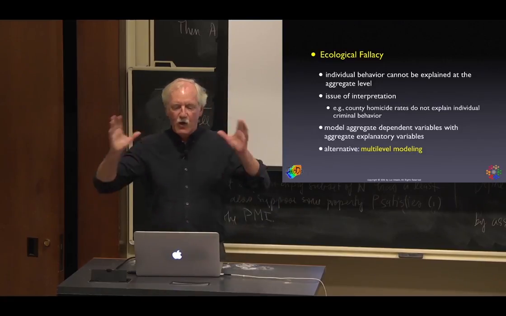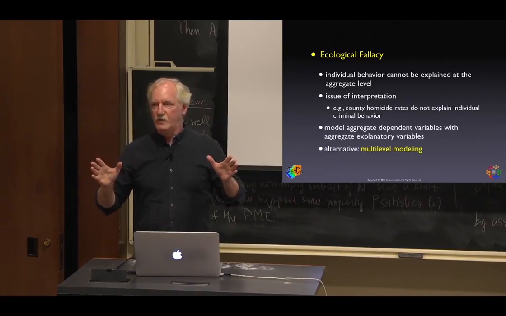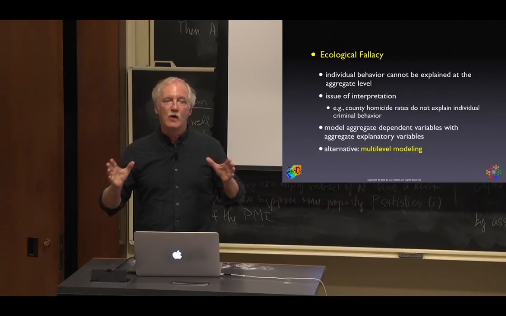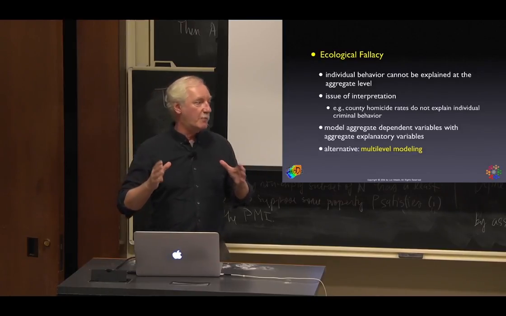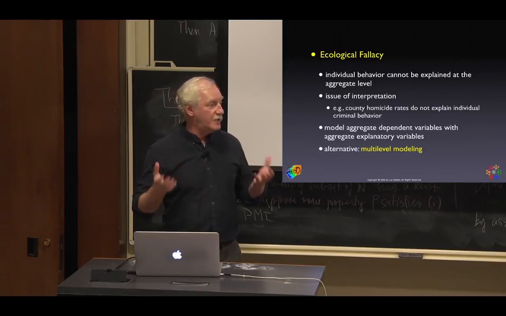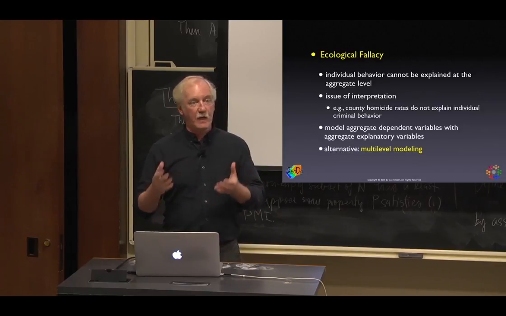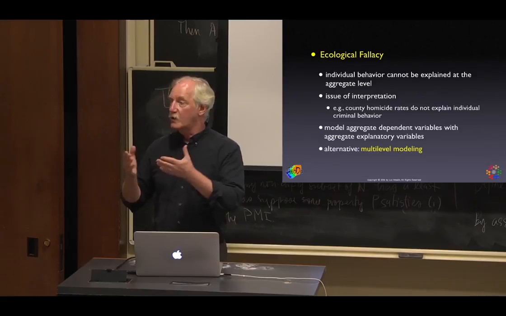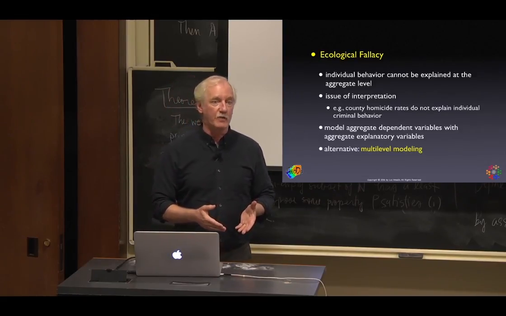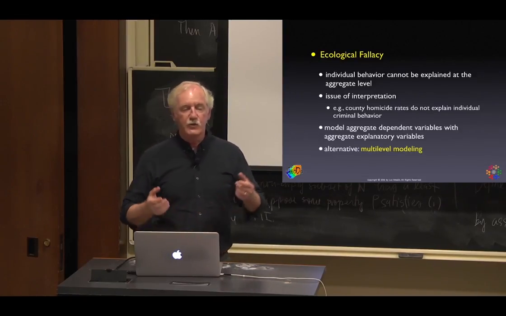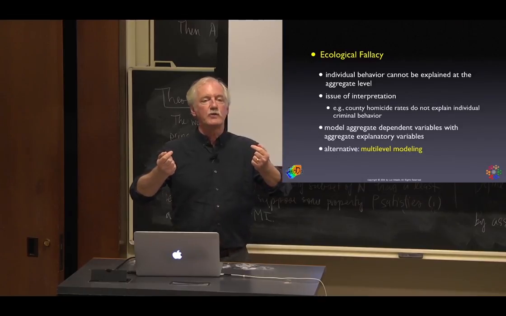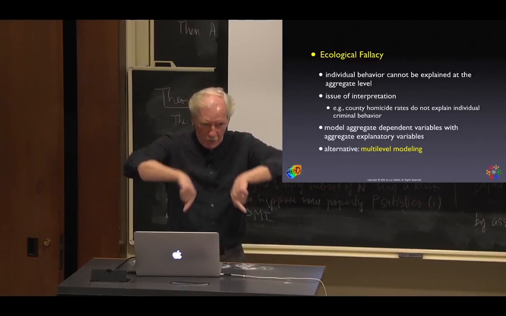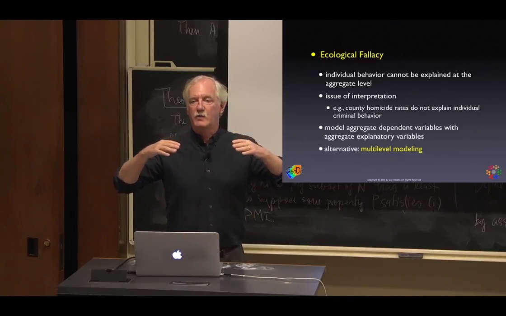So there's nothing wrong with aggregate analysis, as long as you keep the limitations in mind, as long as you don't oversell it. When you do aggregate analysis, you can draw conclusions about aggregate units, but you cannot draw conclusions about individual behavior. In other words, you cannot draw conclusions at a spatial scale below the one you measure.